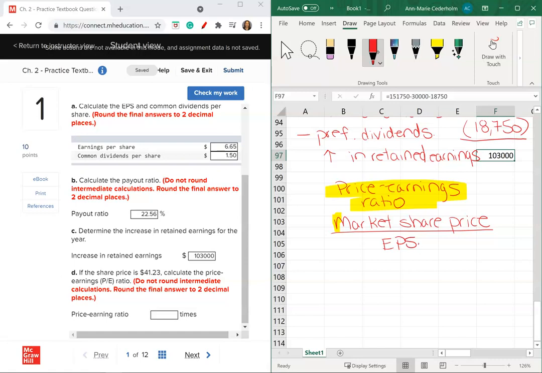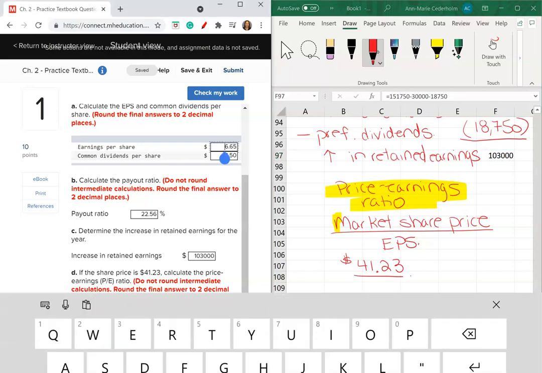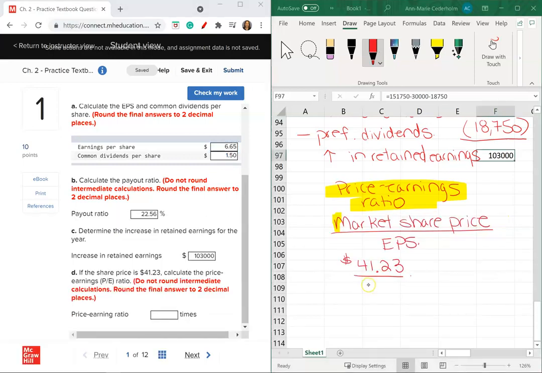They told us our market share price. It's like if we went and had their ticker symbol, then we could go onto their website and see what their shares are trading at right now. That's 41.23. Then divide that by the earnings per share, which was calculated up here as 6.65.